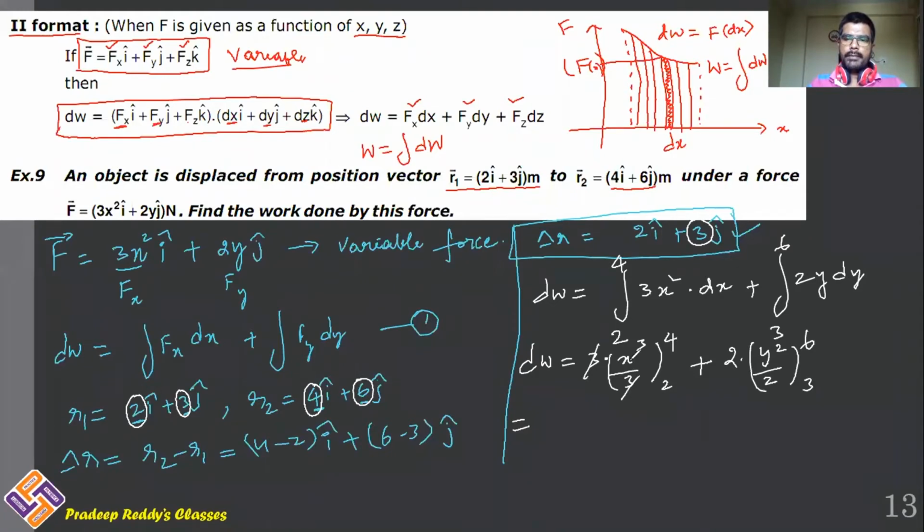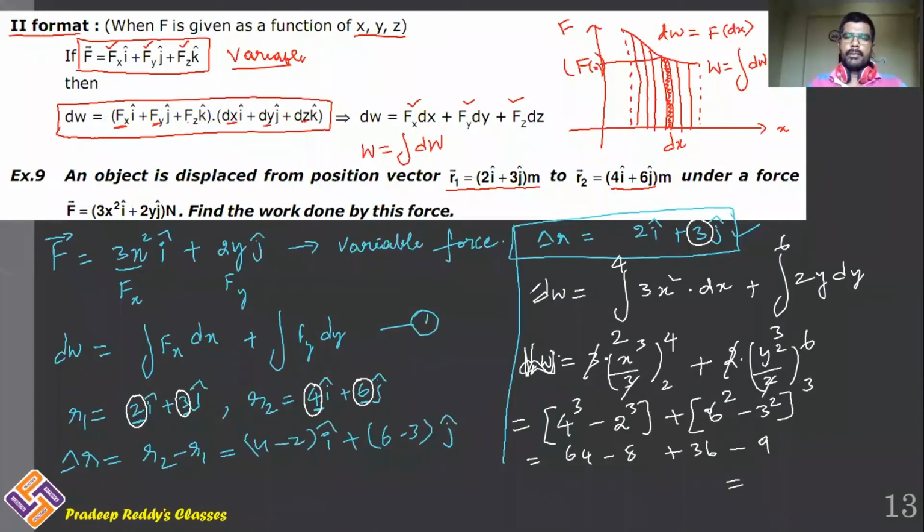First substitute the upper limit in place of x: 4 cube minus the lower limit 2 cube, plus 2 and 2 get cancelled. Wherever y is there, you just substitute the upper limit: 6 square minus 3 square. This gives you 4 cube, 64 minus 8, plus 6 square is 36 minus 3 square is 9. You calculate this, you will be getting net work done W.